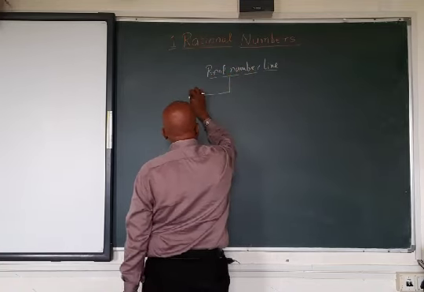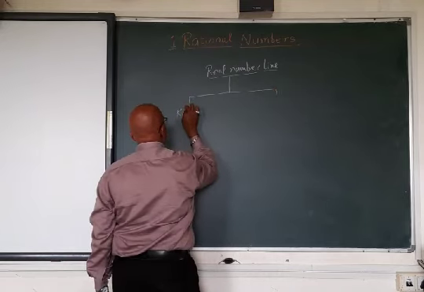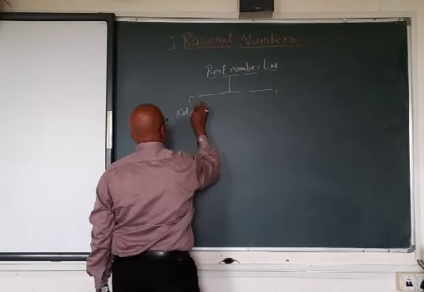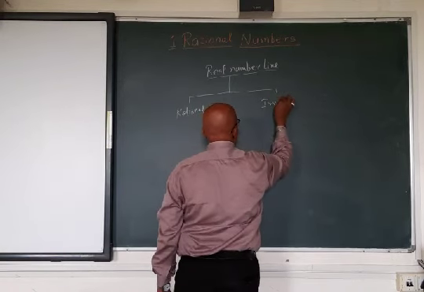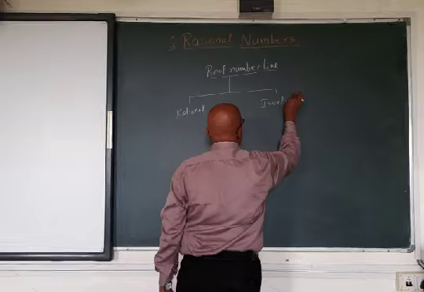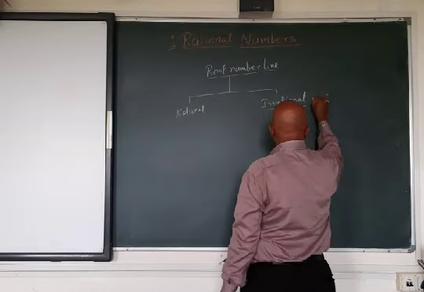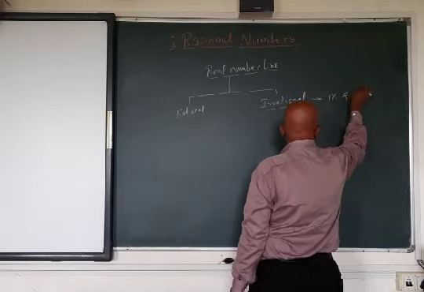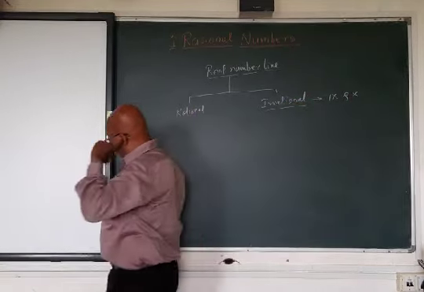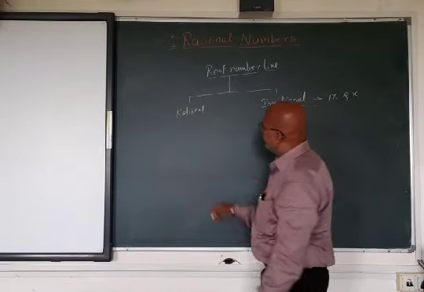It is nothing but the combination of rational and irrational. Now these irrational numbers you will see in further classes, say 9th and 10th. Here we are going to see only the rational numbers.